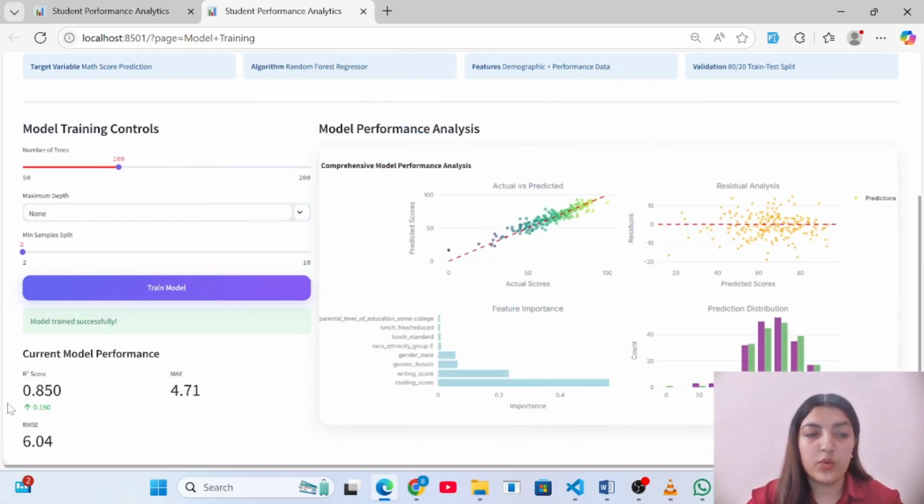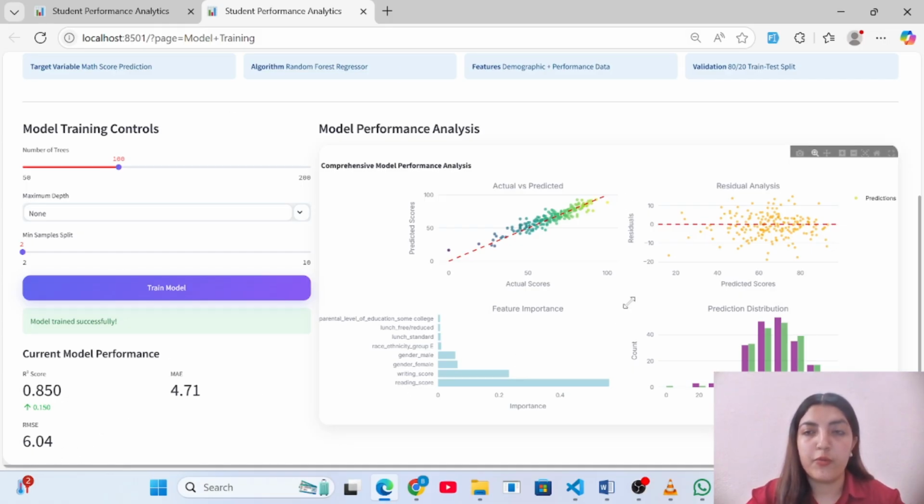While training the model, you can see the R squared is 0.85, which is a very good score, because this score lies between -1 and 1, so closer to 1 is a good score. The root mean square error is 8.04, so this is also good.